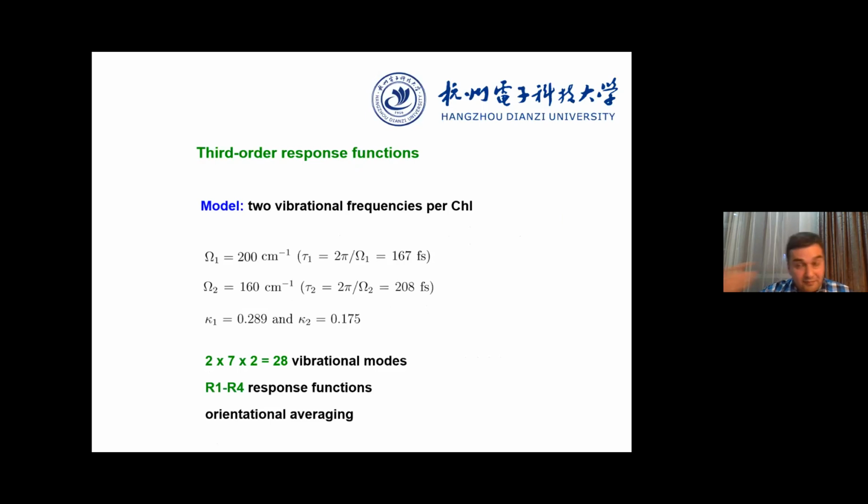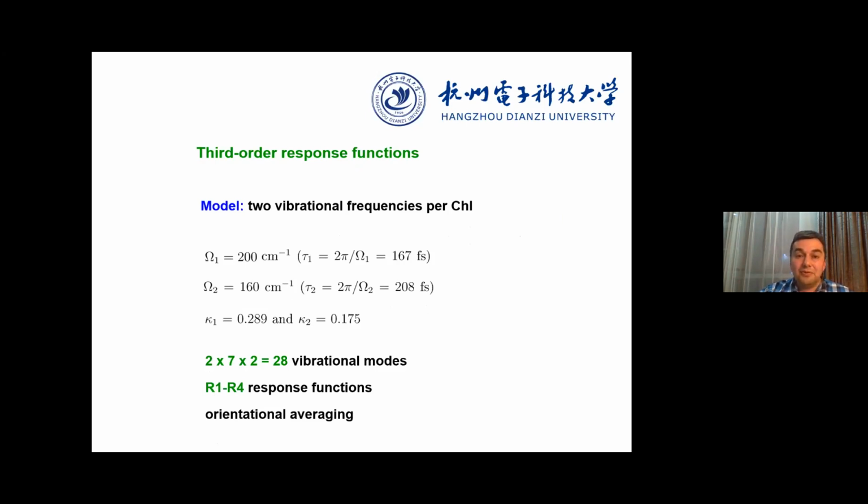And to illustrate how it works, we again used FMO, but now we simplified the problem a little bit. We just considered 2 vibrational states per chlorophyll with these low frequency modes, which were detected in many recent experiments on FMO.